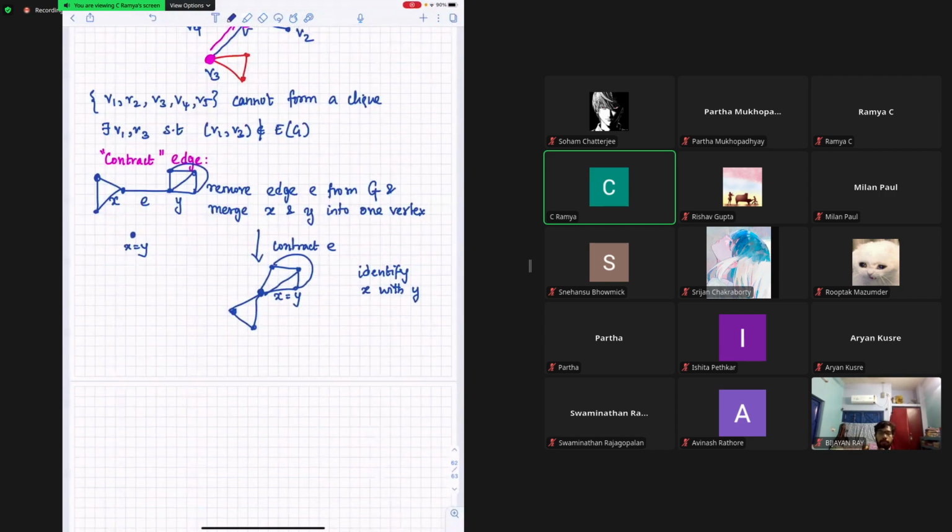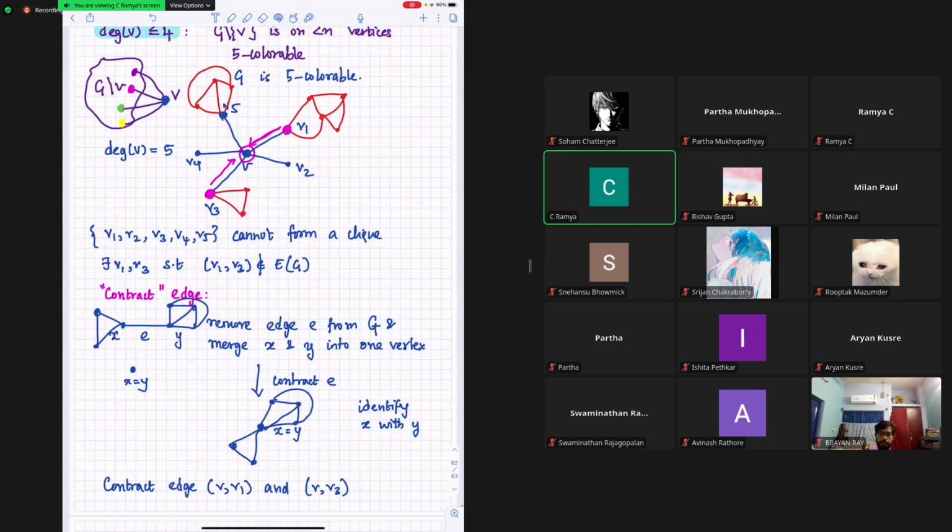So now what are we going to do? We are going to contract the edge V1 and V3, and just copy paste this picture here.